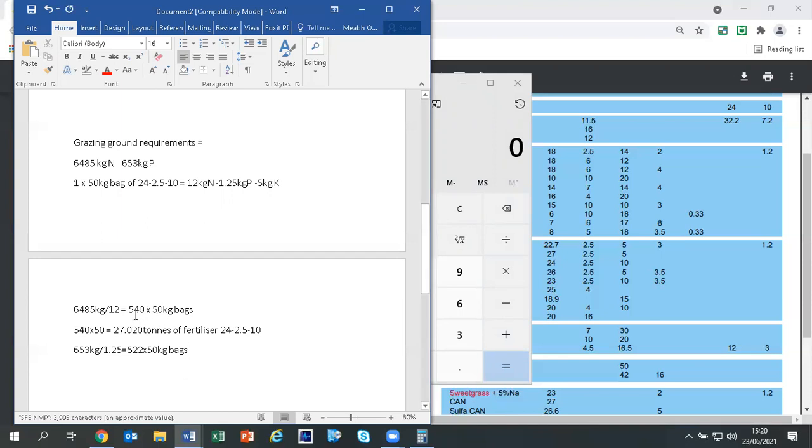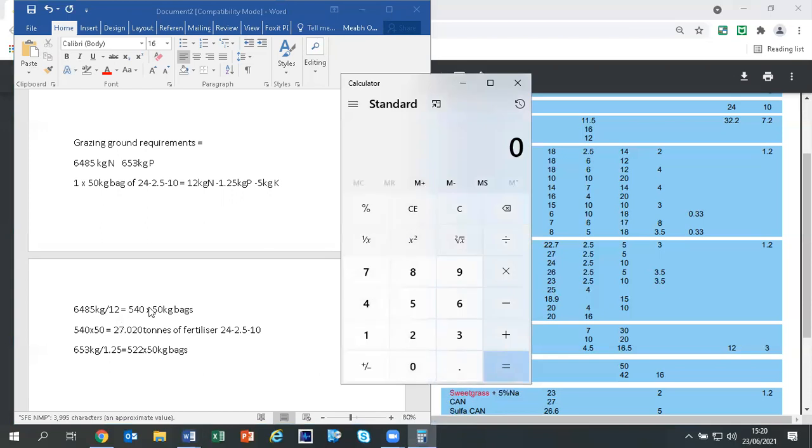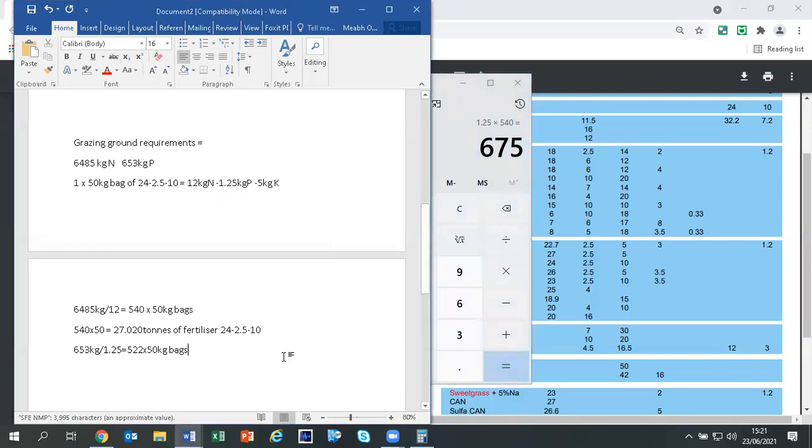If we spread 540 50-kilo bags of 24 2.5 10, we know one bag has 1.25 kgs of phosphorus, and if we multiply that by 540 bags, we can see that we have gone over our requirement of 653 kilograms of phosphorus. So we need to make sure that we are not exceeding that. In this scenario, what is our best option?